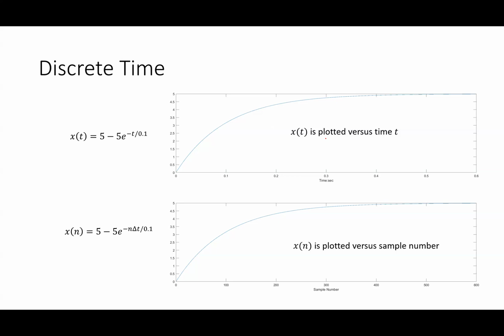In this particular case, I think I chose delta t equals 0.01, maybe 0.001. I don't remember, but I chose a delta t of that value. So both of these things effectively show x of t. What I've done is I've given meaning to them on the x-axis when I drew the top plot. What did I do in the bottom plot, versus sample number?